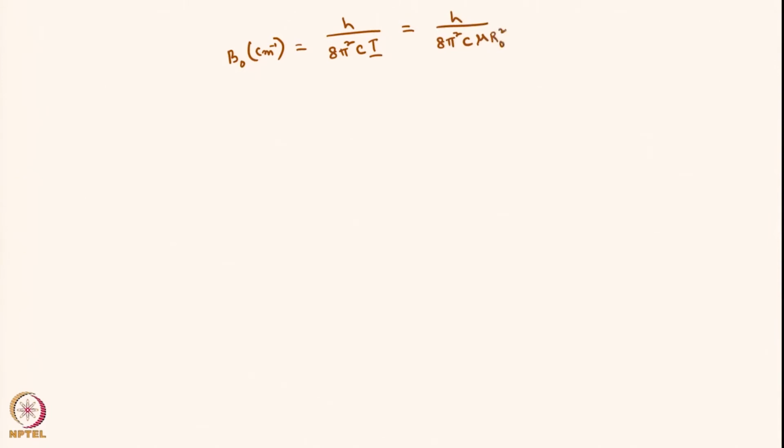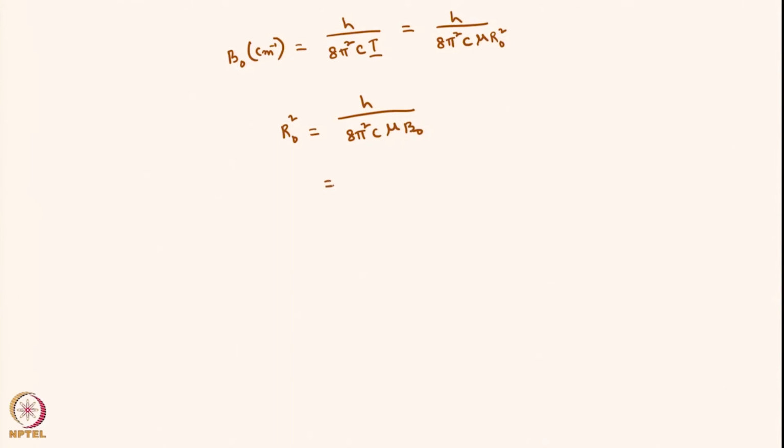So I can rewrite this equation as r naught square equal to h by 8 pi square c mu B naught. I am going to plug this in and see what I get.